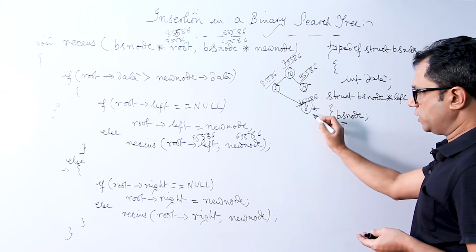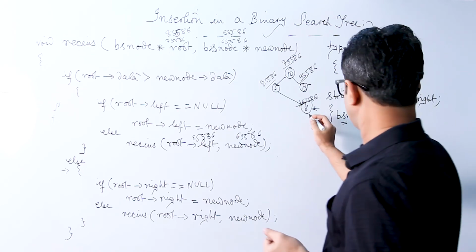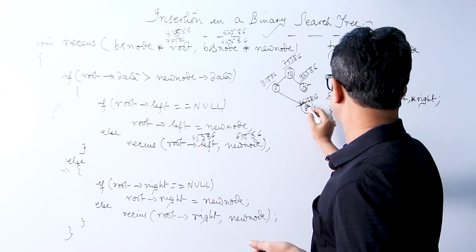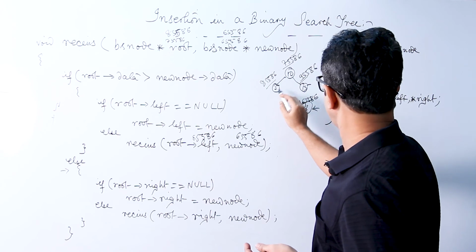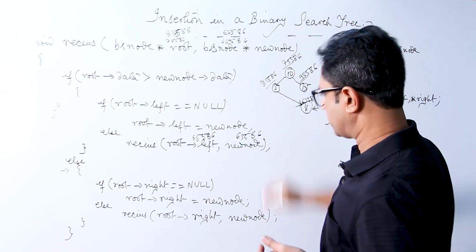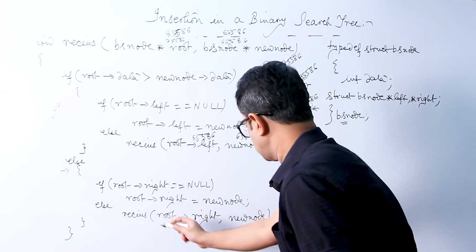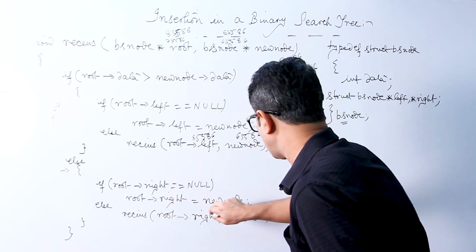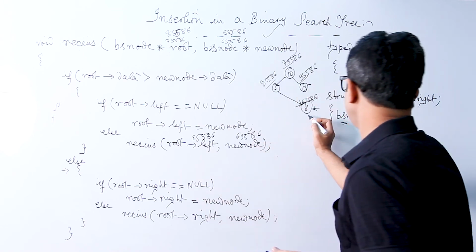So in this way this 8 is inserted in the left subtree of this binary search tree. Here root right is equal to new node means we have joined it.